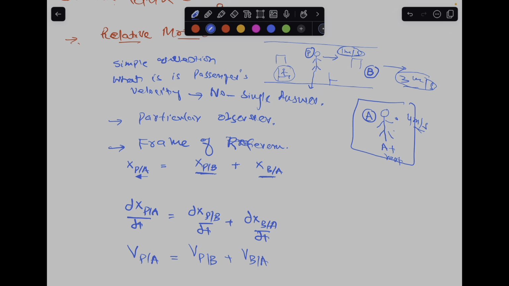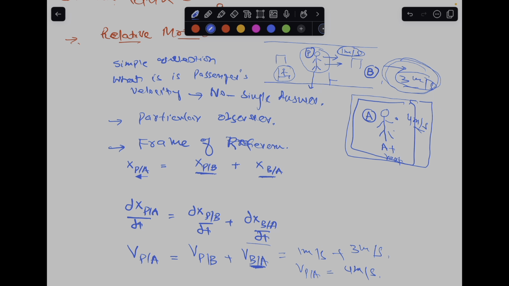So if the frame of reference A is measuring the velocity of this passenger, who is moving with 1 meter per second in a train, and the train is moving relative to the observer with 3 meter per second, then the velocity of the passenger with respect to A, which is the person outside the train, is 4 meter per second.